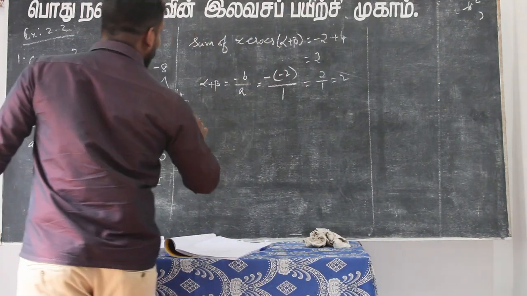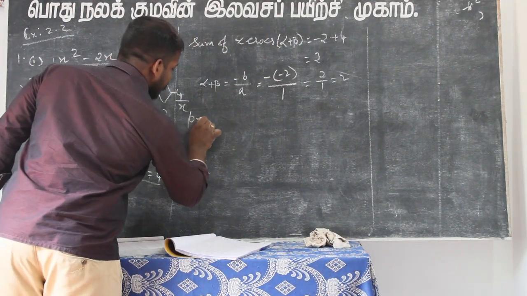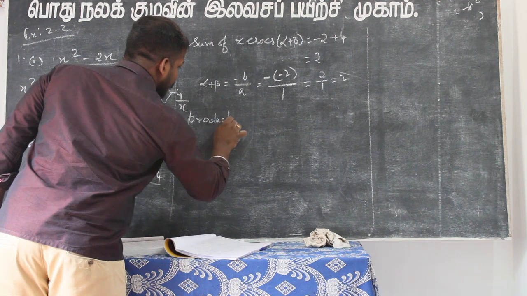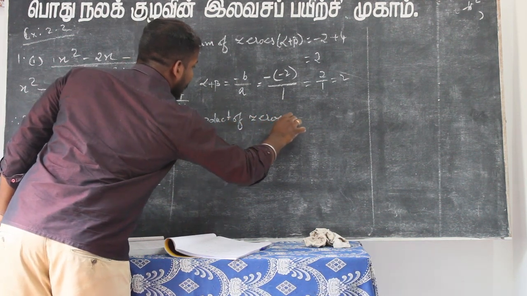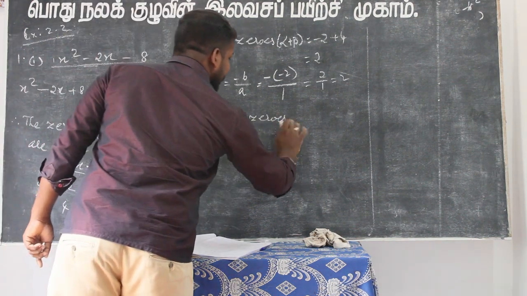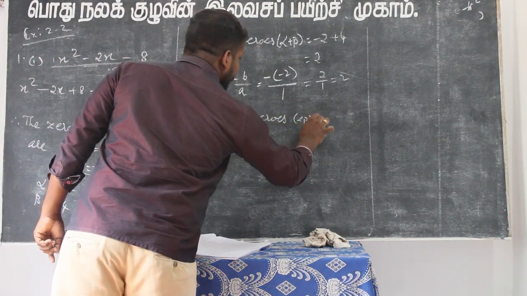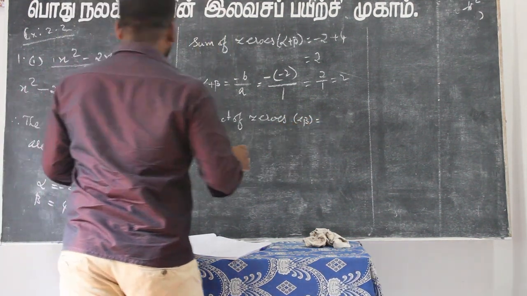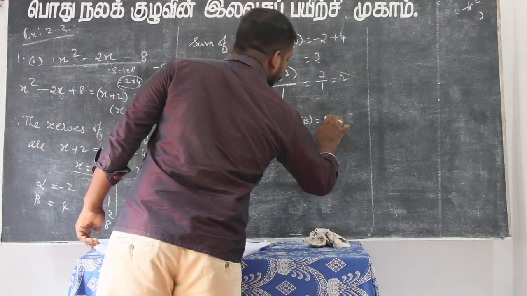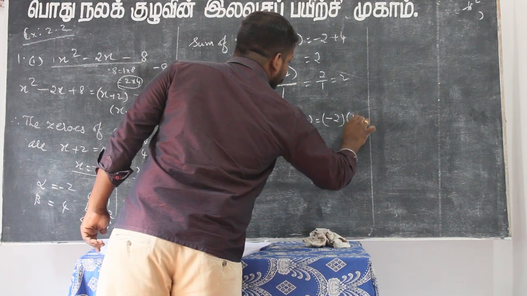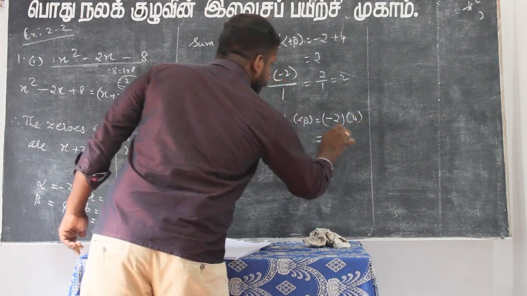Then the second one, product of zeros. That is nothing but alpha beta. Alpha is minus 2, beta is 4.